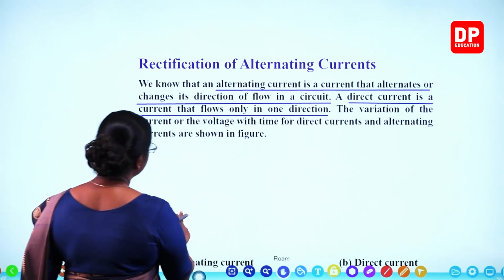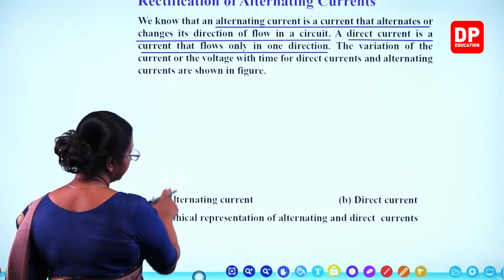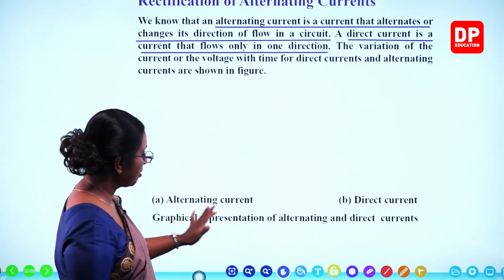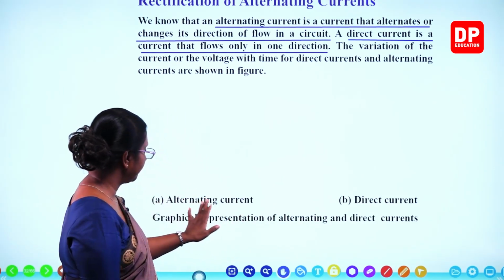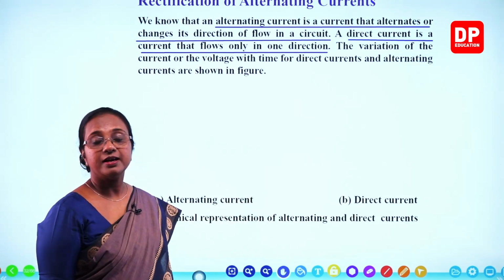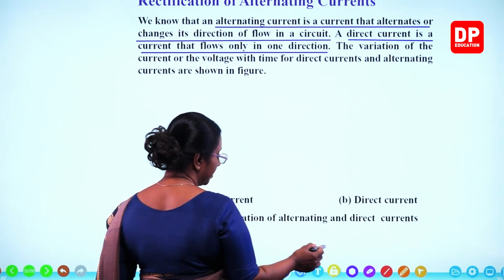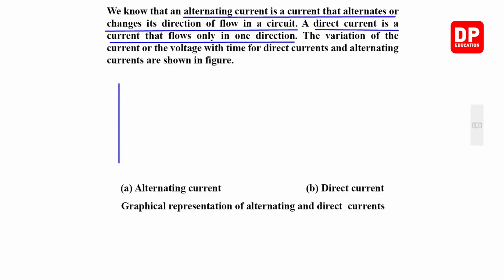So, if we try to look at the change in voltage or current, now I will draw the two graphical representations of alternating and direct currents here. The first one is going to be alternating current. The second one is going to be direct current. So, we will draw that now. Here we will have the y-axis. I will draw both the axes here.